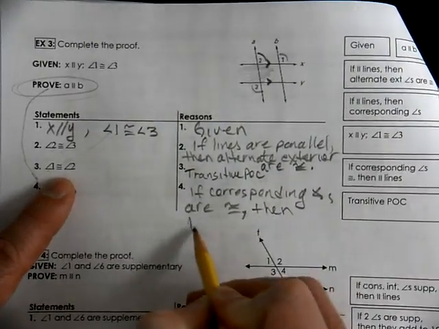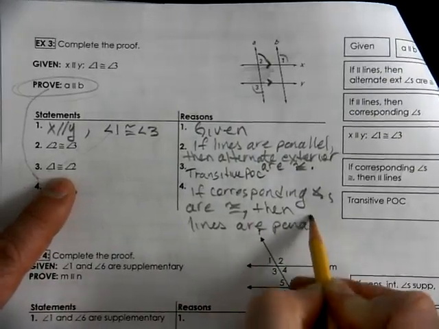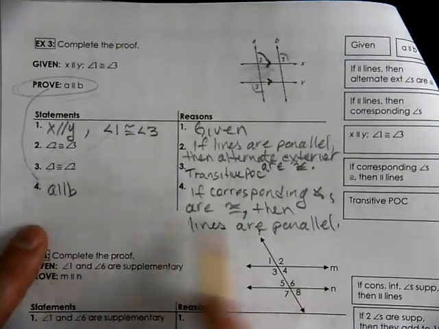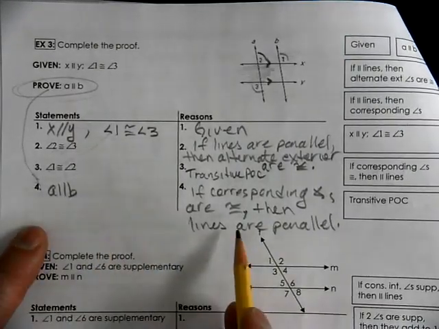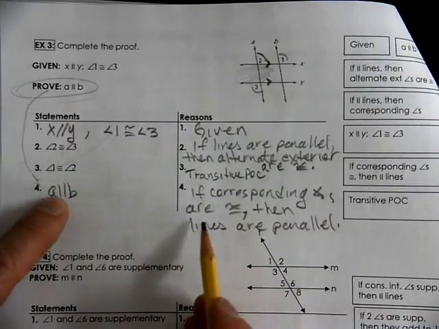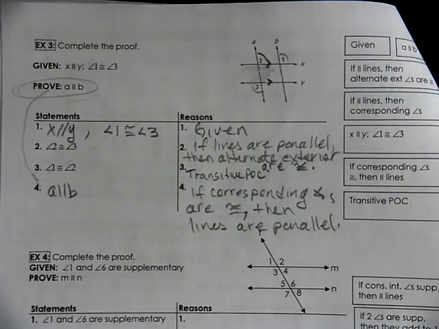Then lines are parallel. Then we have what we're discussing right here. If comes earlier, then comes right now. You can put together your own if-then statements.